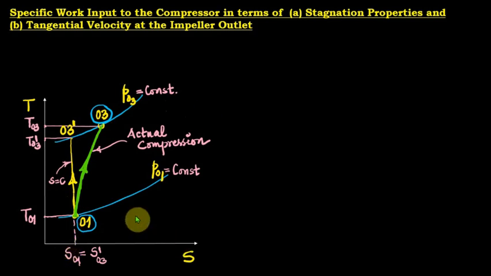So we will consider the steady flow energy equation now, and we will try to obtain an expression for specific work input in terms of stagnation properties. Consider the steady flow energy equation from thermodynamics, in one dimensional form.